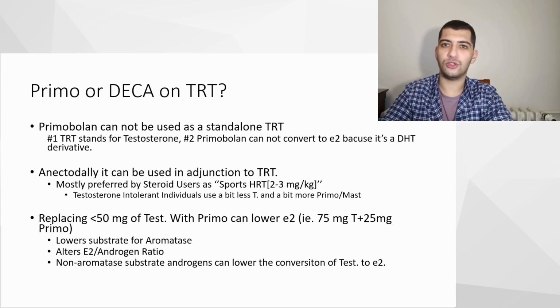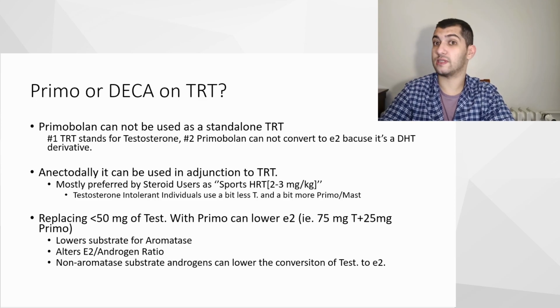The term sports HRT was made famous by, again, Broderick Chavez, the evil genius guy. Most people tend to take it to extreme and do 3 milligram per kilogram by default, but he says 2 to 3 milligram per kilogram. And it seems to work in almost every guy as a sports HRT.